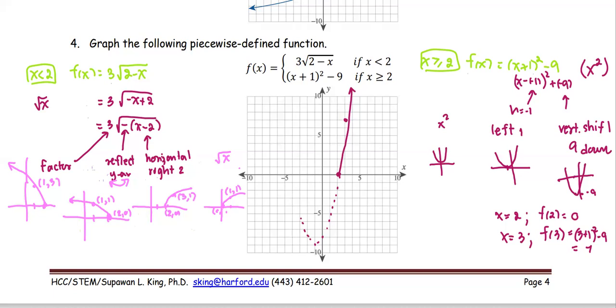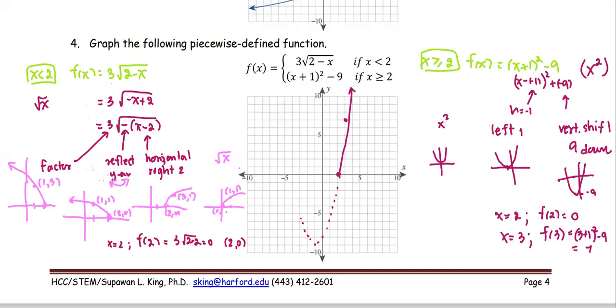So we know that for x equals 2, the function at 2 is supposed to be 3 times the square root of 2 minus 2, which is 0. So we start with the point (2, 0), but it has to be an empty circle because it's not defined right at 2.